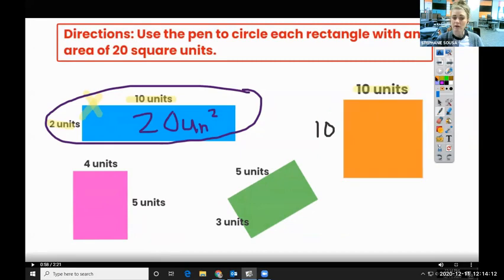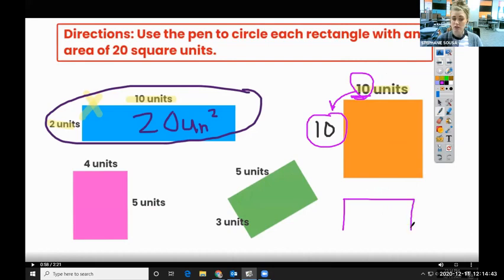So on squares, they might only show you one of the dimensions because they're expecting you to understand that squares have the same size sides. Okay? So if you are seeing a shape that is a square and there's only one dimension given to you, you can totally figure out the multiplication equation by multiplying that same number twice against itself, because squares have the same size sides.